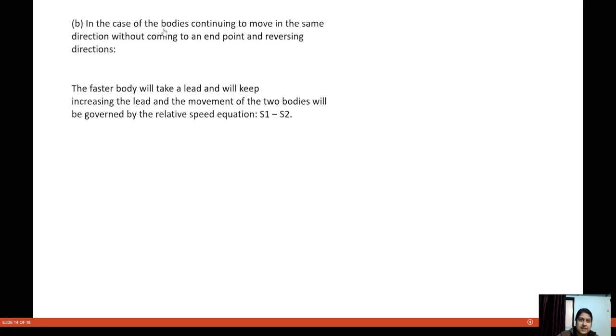Now let us see the case of the bodies continuing to move in the same direction without coming to an endpoint and reversing the direction. So this body is traveling with the speed s1 and this body, let us say, with the speed s2, and both start simultaneously.